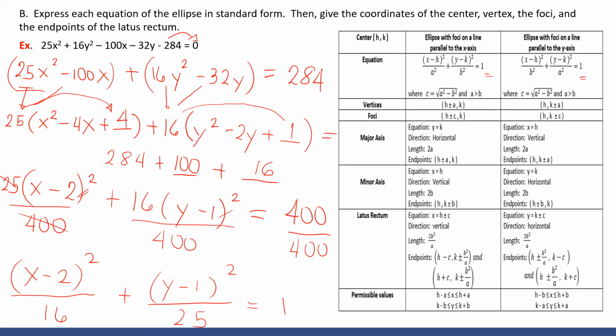At syempre pa, mga bata, ito ngayon ang ating unknown equation. Okay? Ito yung equation of the ellipse in standard form: x minus 2 quantity squared all over 16 plus y minus 1 quantity squared all over 25 equals 1.